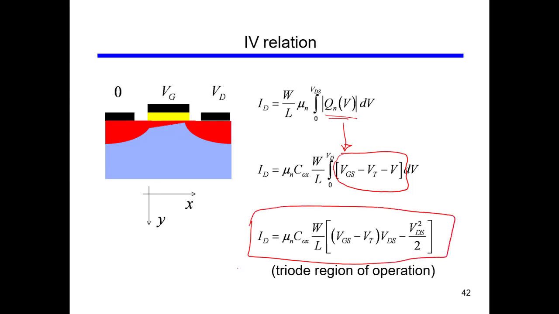Okay, now this is a formula that smoothly connects the linear and saturation region in a square law device.